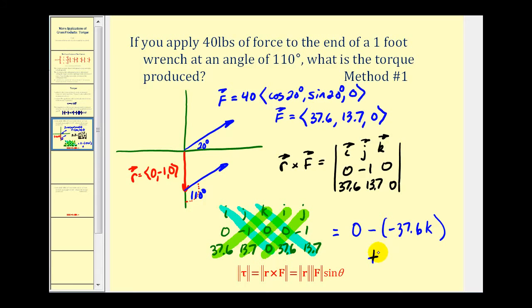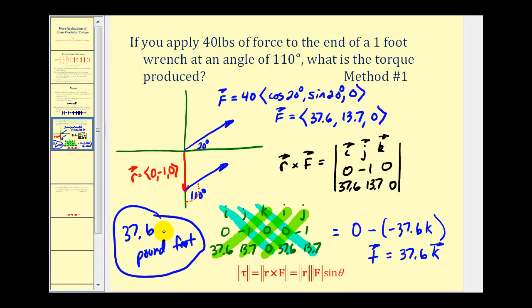So the torque vector is equal to 37.6k. Since k is a unit vector, the magnitude of this vector is going to be 37.6. So we'd have 37.6 pound-feet of torque, and this would be counterclockwise based upon the right-hand rule.